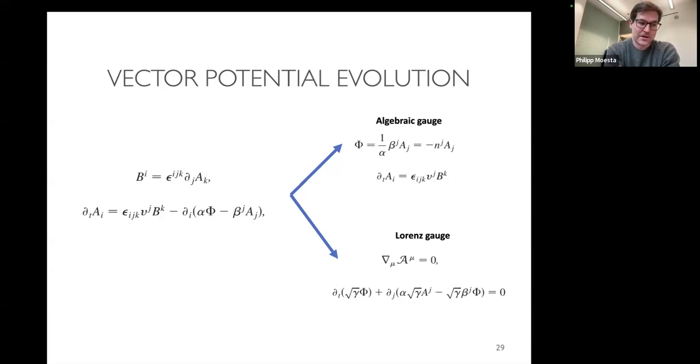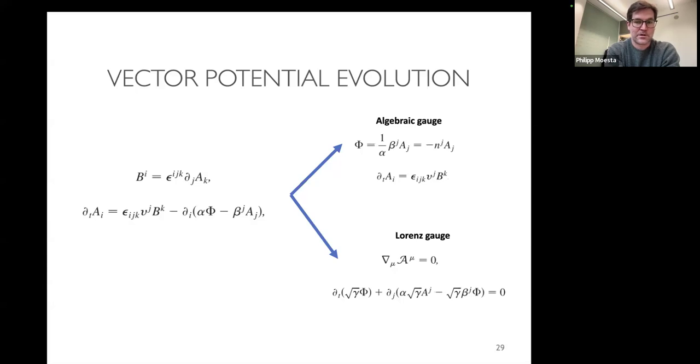So in review of this div B equals zero constraint, different codes do different things. All these methods have advantages and disadvantages that relate to how easy it is to implement them numerically, but also to what they actually preserve. For example, constraint transport you can write down with suitable operators to conserve magnetic flux at mesh refinement boundaries.